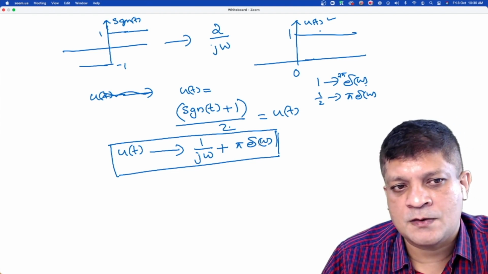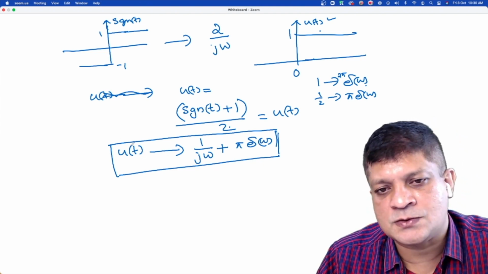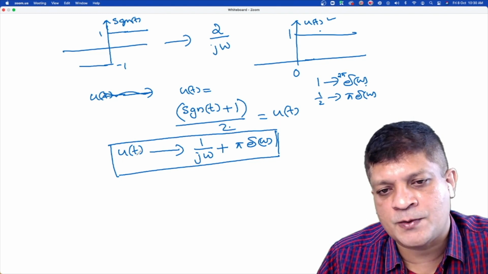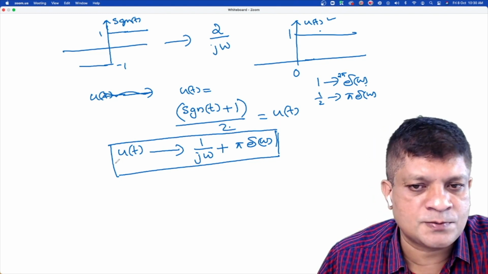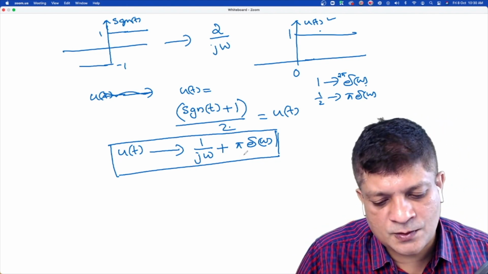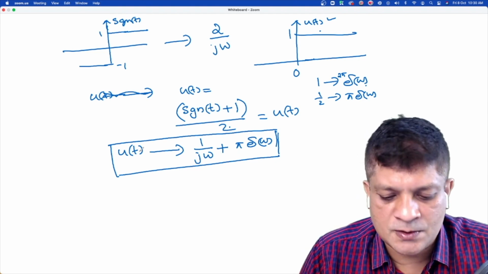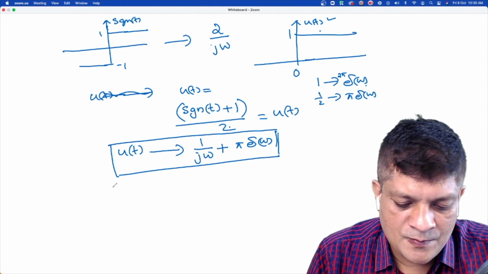Okay. And again, this is in the generalized sense because, strictly speaking, this is not a Fourier transformable signal, because it is not absolutely integrable. So in the generalized sense, we have found the Fourier transform of the unit step function. Now, what is our objective?